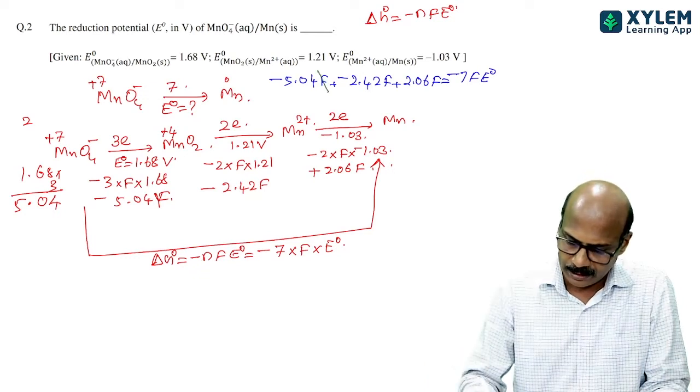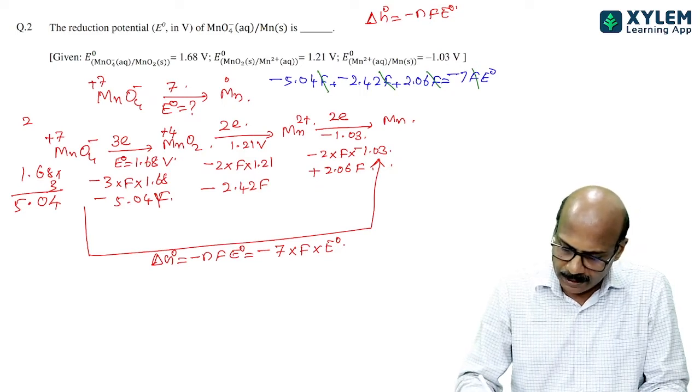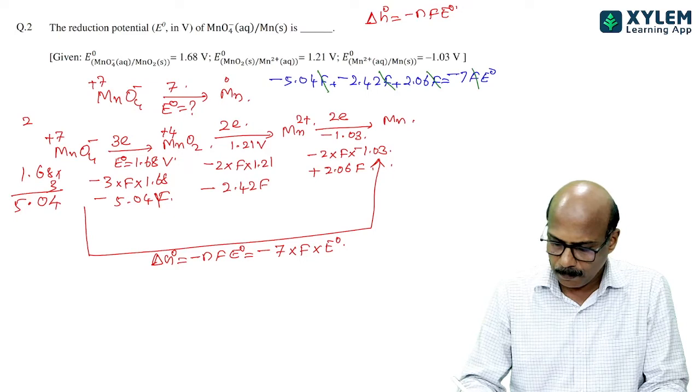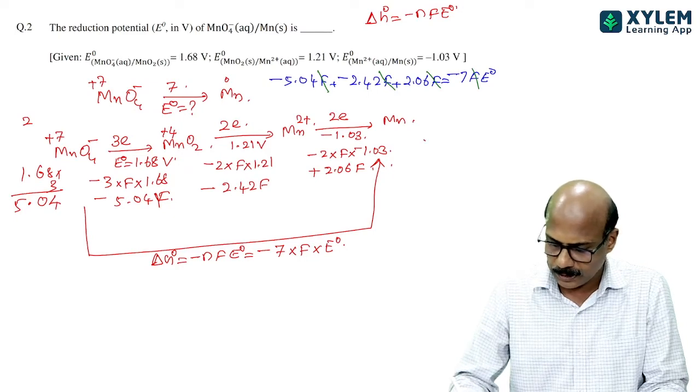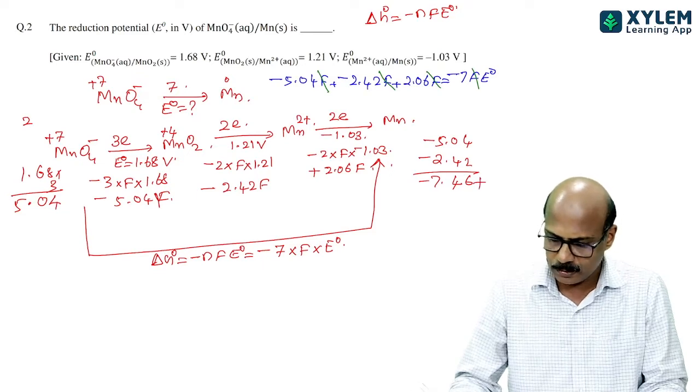If you cancel F, you can write this as minus 5.04 added with minus 2.42, you are getting minus 7.46, plus 2.06.